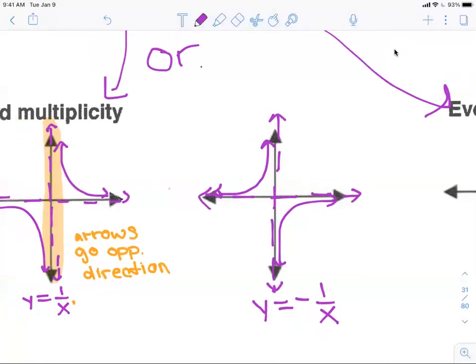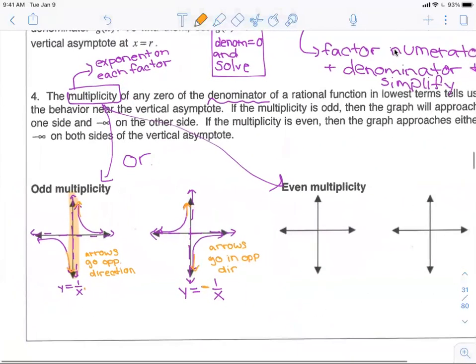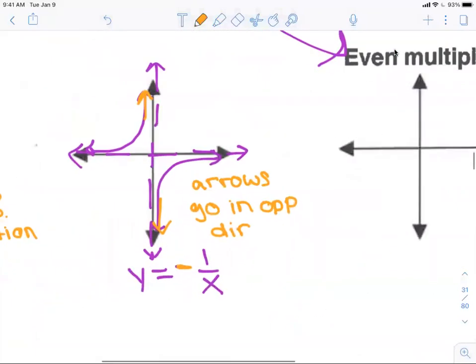And again, the arrows would go in opposite direction at the asymptote, right? One's going down, one's going up here at the asymptote. That's what that means. And again, because of the negative sign, it's flipped. Okay, and again, the arrows go opposite direction because the multiplicity on that 0 is 1.